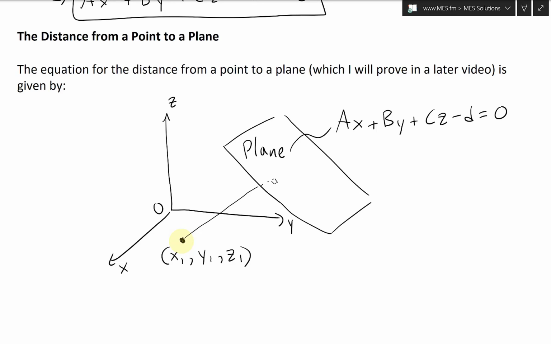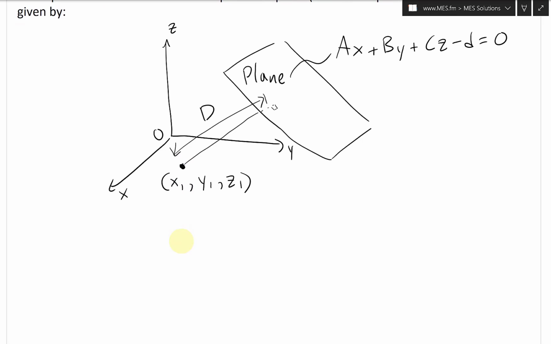This point right here, we'll call this D. So that is the distance d.